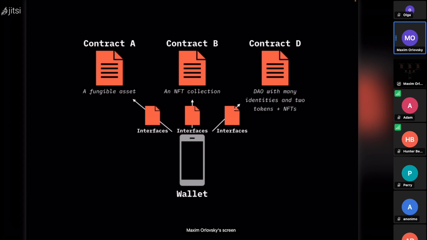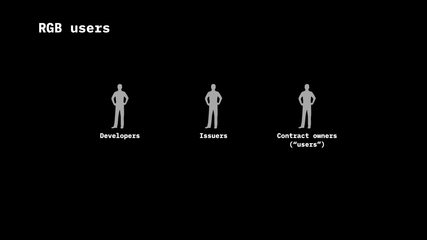And now a wallet or any other software sees the contracts through the interfaces. So in my demo, I will be showing you that when I'm requesting a state of the contract, I'm always specifying an interface. Or when an invoice is created, interface information is also a part of the invoice, such that the user may know how to construct the payment matching the invoice. So that's the introduction to the interfaces.